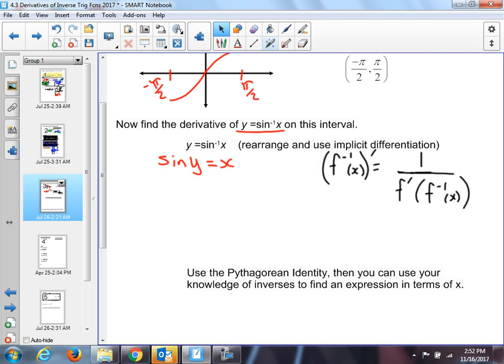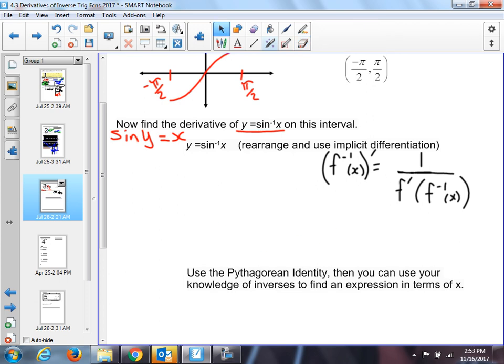Now, we know what this means and all. Let's try this inverse then, the derivative of the inverse. So we know what this means here. I'm going to toss this somewhere so it's not in the way, because I'm going to run out of space.